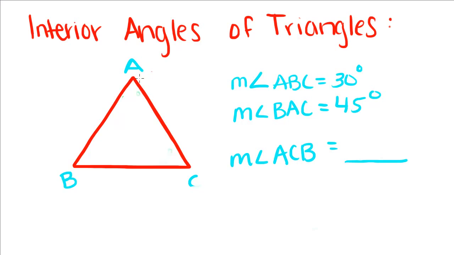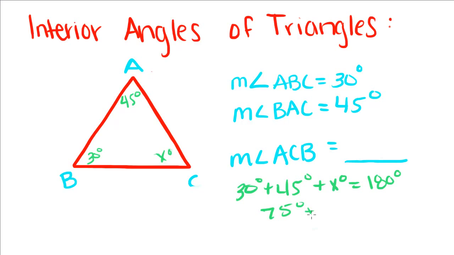We know that the measure of angle ABC is equal to 30 degrees, and the measure of angle BAC is equal to 45 degrees, and the measure of angle ACB is what we're trying to find, so we're just going to call it X. So we're going to add all of these together with X just counting for this angle and set it equal to 180 degrees.